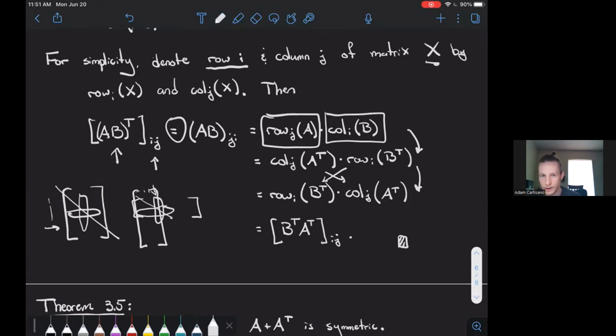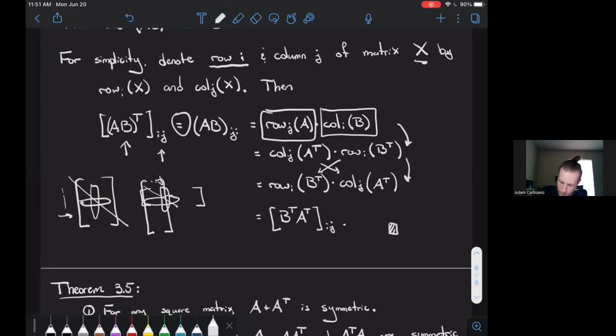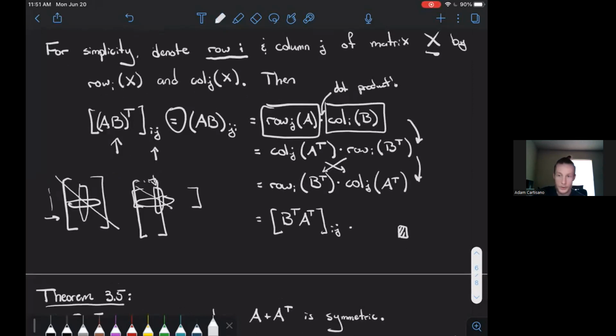Now you might think, wait, you just got through saying multiplication doesn't commute. But this is a dot product, right? That was what we said.